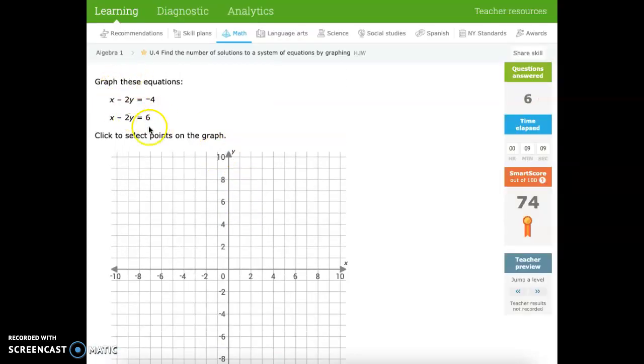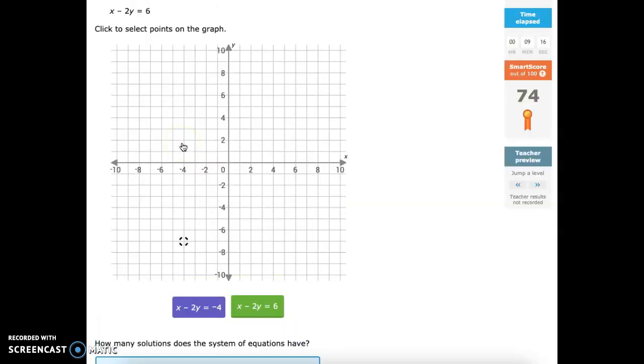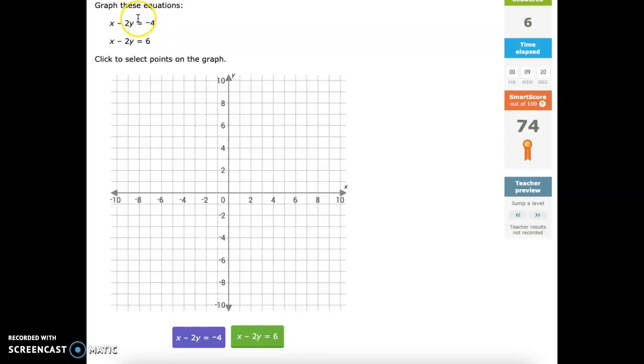Each of these slopes is going to be 1/2, which means that there's no solution because they are parallel. So I believe I said y equals 1/2 x plus 2.